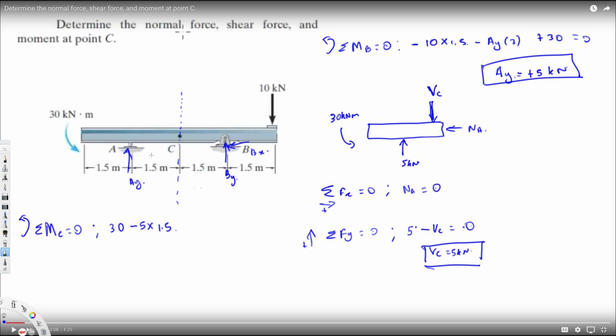Those are the only two moments we have, plus let's assume MC is acting counterclockwise. You can take clockwise or counterclockwise for MC.